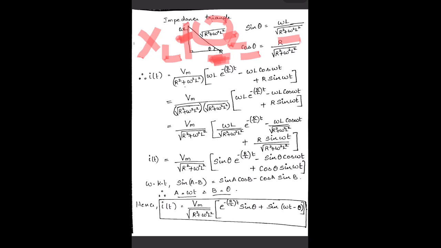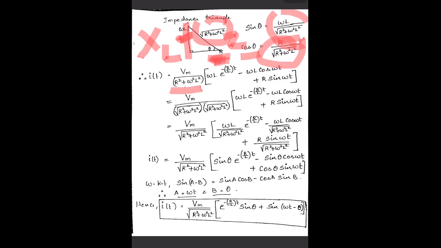Now from this, let us rearrange the expression. We know what is sin theta, we know what is cos theta, and since the expression is omega L e power of minus r by L t minus omega L cos omega t plus r sin omega t, now we have to get this kind of a relation. So let us take the term which is outside the brackets, that is Vm divided by r squared plus omega squared L squared.